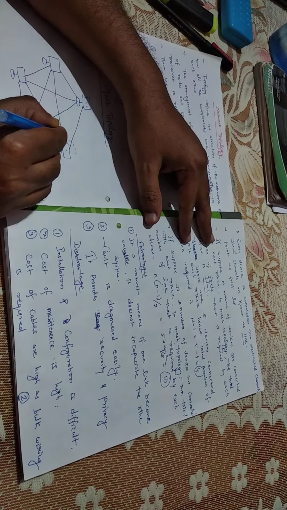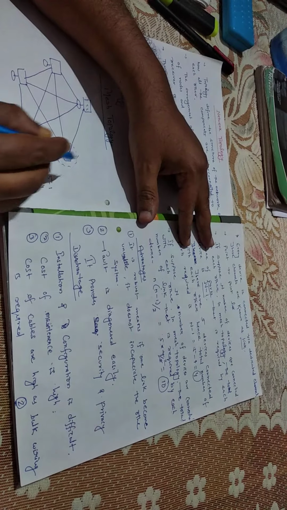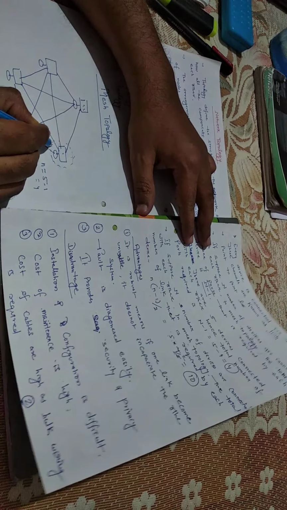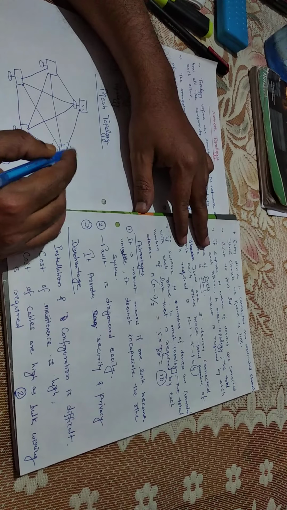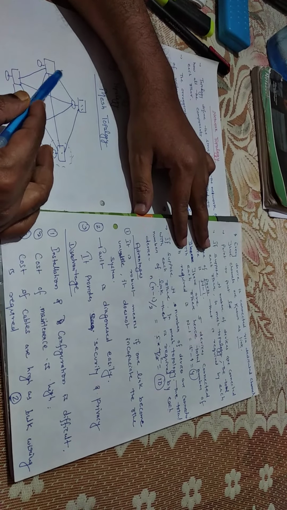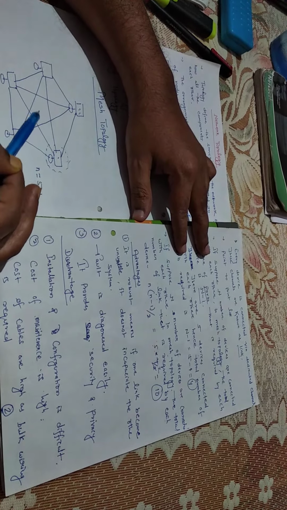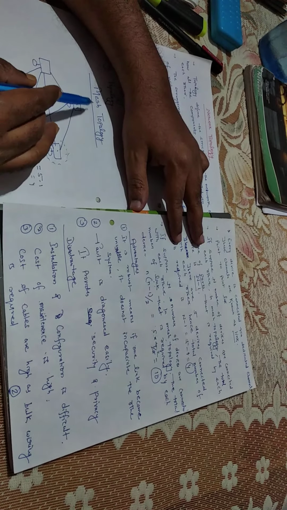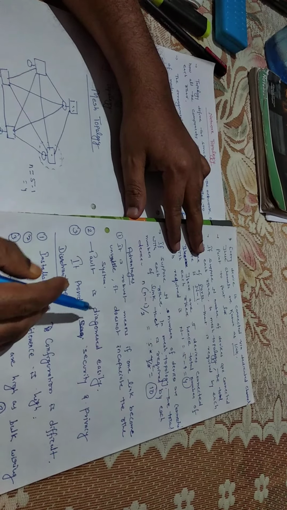If this node becomes unusable, it does not incapacitate the other systems. That means there is no problem for the other systems to keep working.